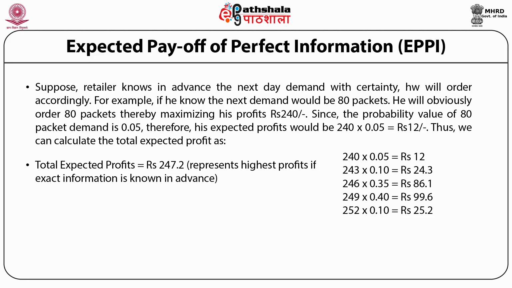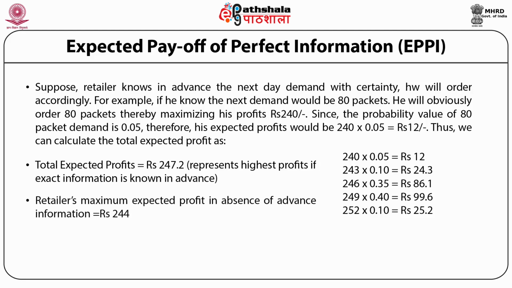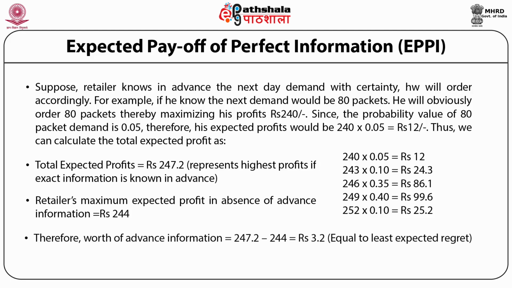Now here, what we observe is that the retailer's maximum expected profit in the absence of advance information is equal to rupees 244. If you see the payoff table for the same example, you will see the highest payoff value is rupees 244. So the total expected profit when the retailer has the exact information is rupees 247.2, and in the absence of exact information the highest payoff is rupees 244.